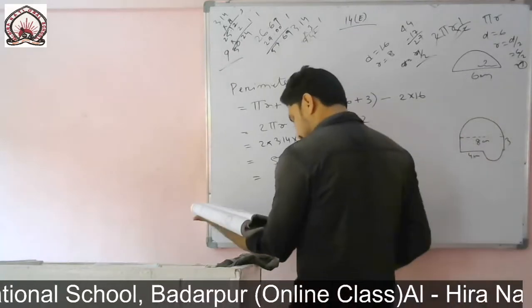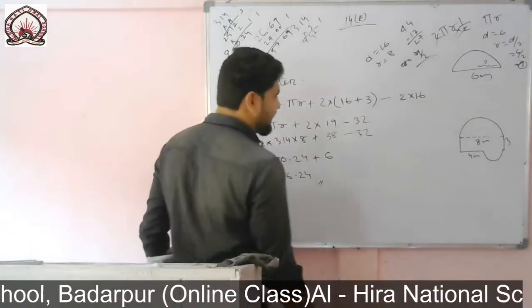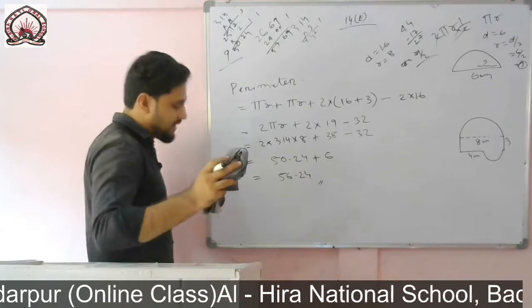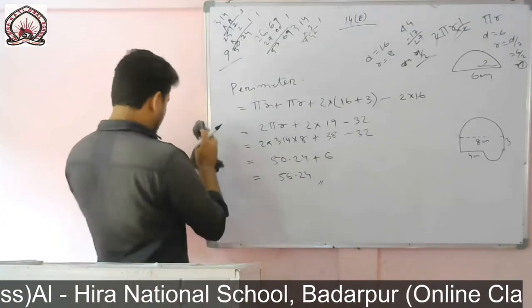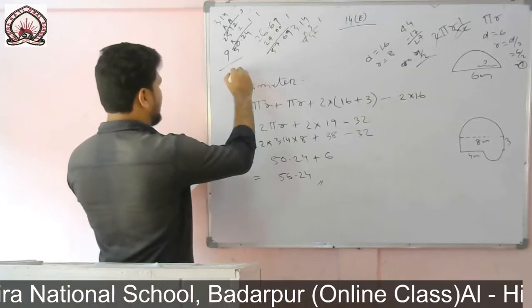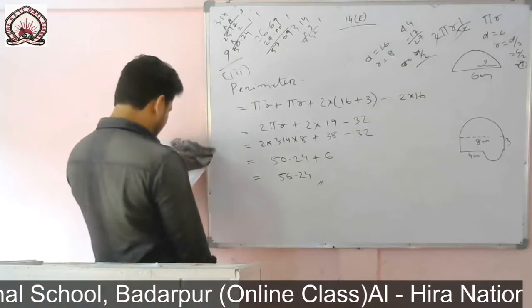We have to find the perimeter of this. So you see how it will be. This is question number 3, 56.24.